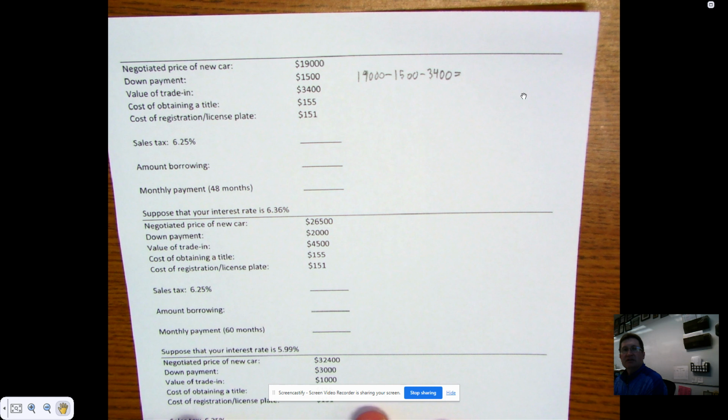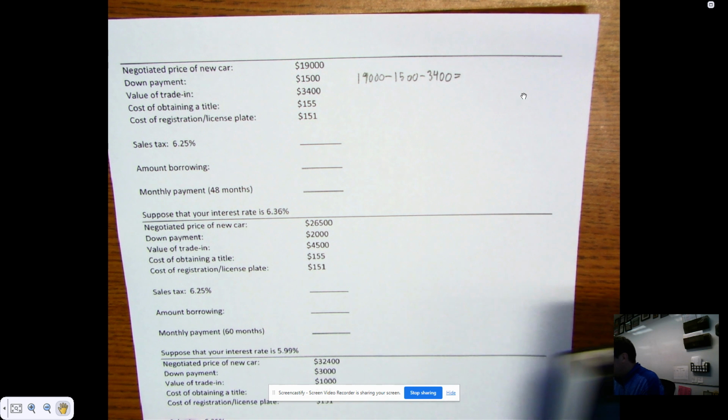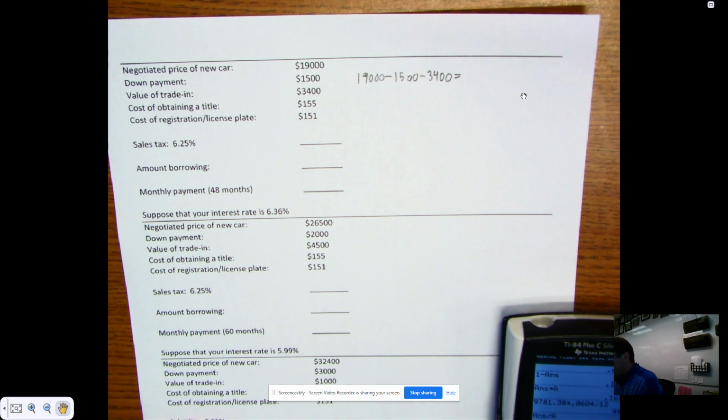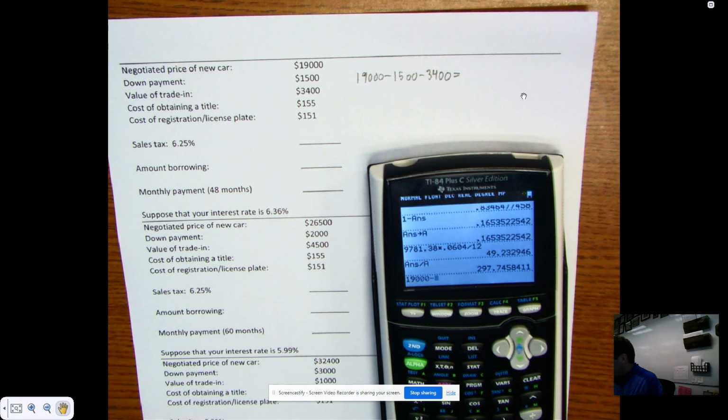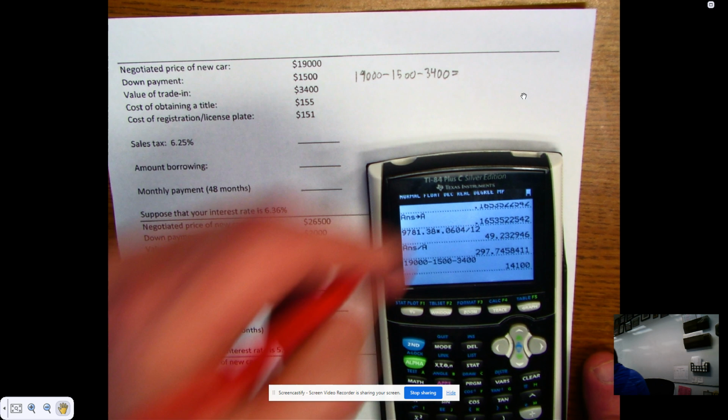Okay, and so that will be the amount borrowed prior to sales tax, I guess is the best way to say that. And so I'm going to take 19,000 minus 1,500 minus 3,400, and that's 14,100.